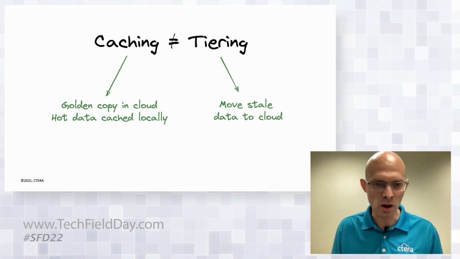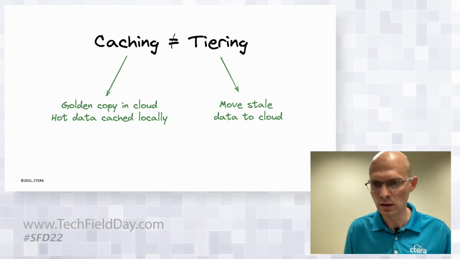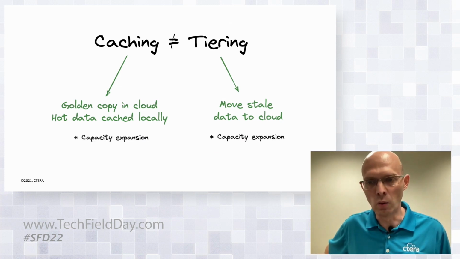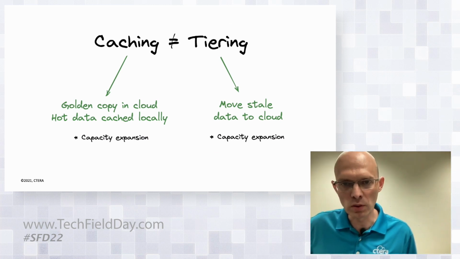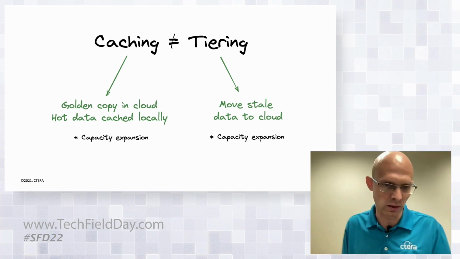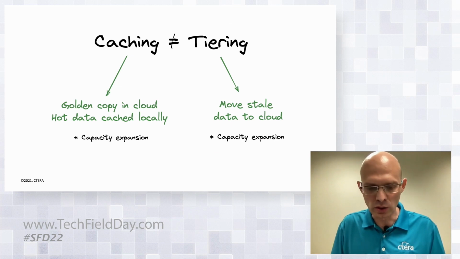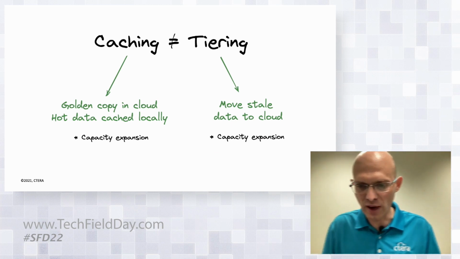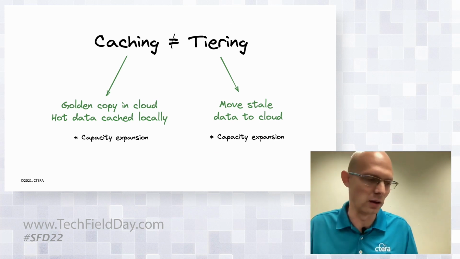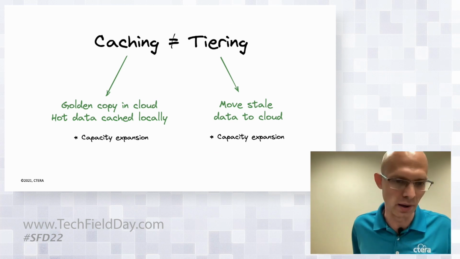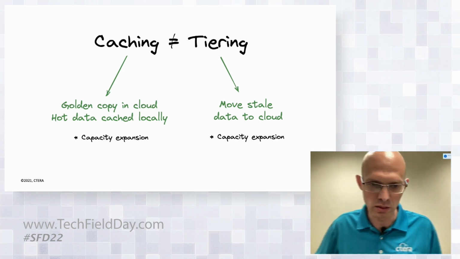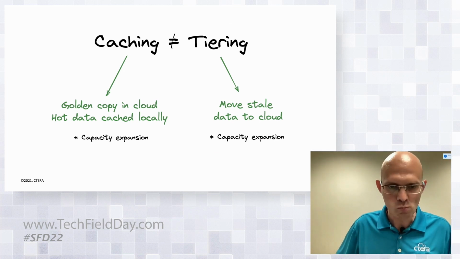And some of that data, which is hot data, is cached locally on the site. Now, both caching and tiering are great for capacity expansion. You can have a 5 terabyte appliance connecting to 1 petabyte of cloud storage. So that's really useful. But this is where the similarity ends.